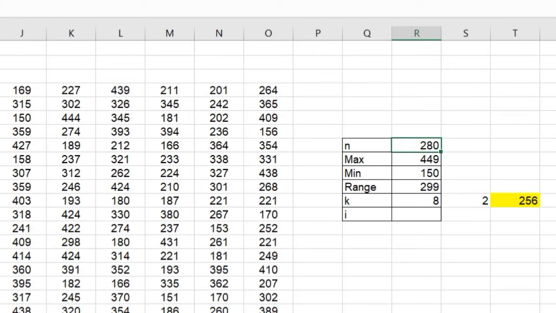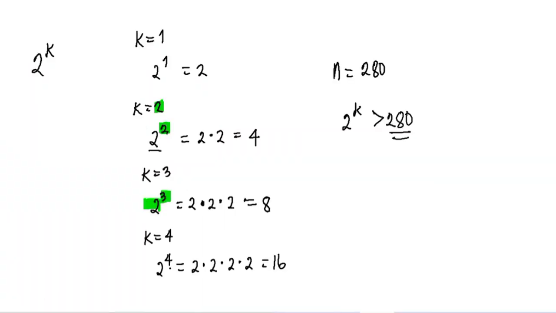The first number na higher kay 280. If it is 9, then it is 512. Higher na po siya kay 280. So, balikan natin. If it is 8, 2 raised to 8 is equal to 256. Ang basis po natin dito is 280. Si 256 ay mas mababa pa sa 280.